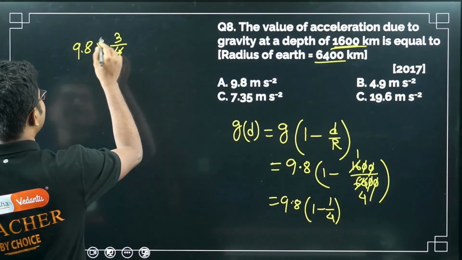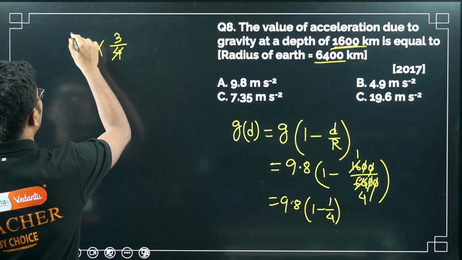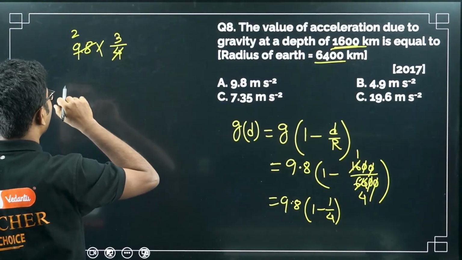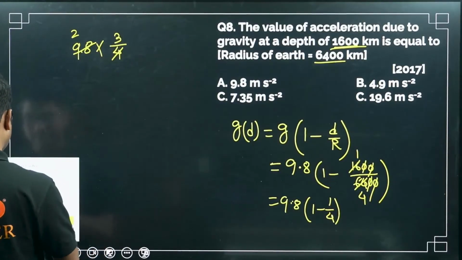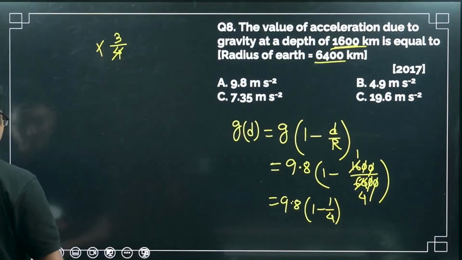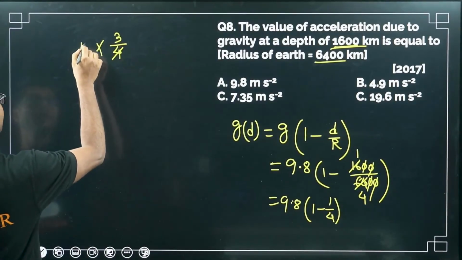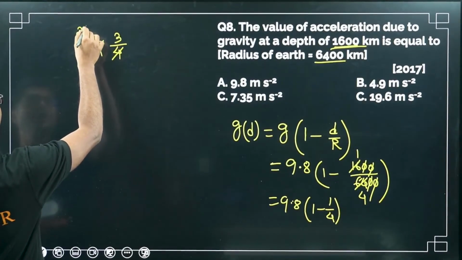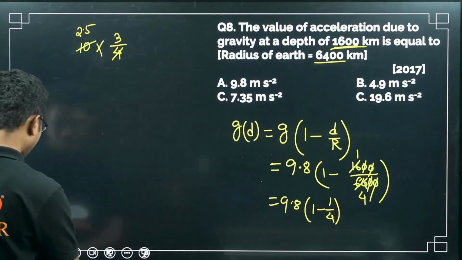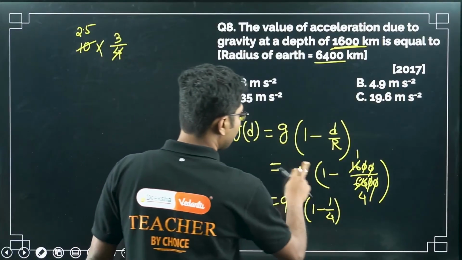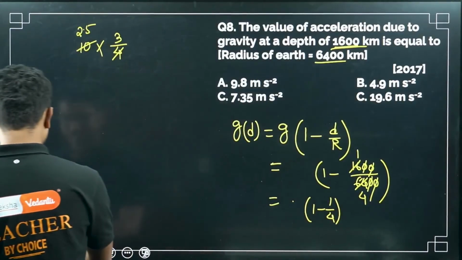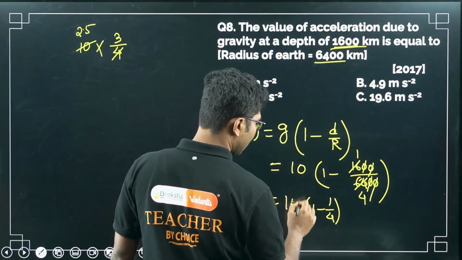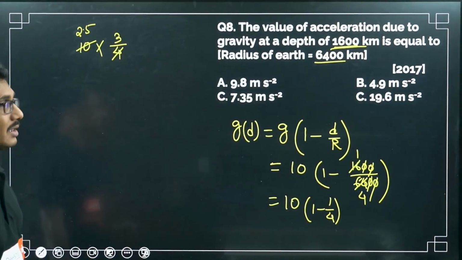So let's cancel. 2 fours are 8, then okay, let's take this as 10 only. We will approximate, don't worry. So 4 times 10, it will be 2.5. So what we have done, we have taken the value of g as 10, because it will be a little difficult for me to calculate, and I don't want to go into those mathematical calculations.